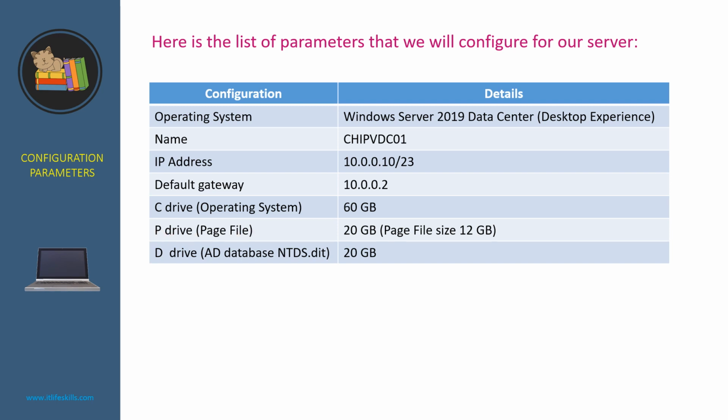We also need to configure the D drive to store the Active Directory database ntds.dit with the size of 20 GB. That's it. Let's do it.